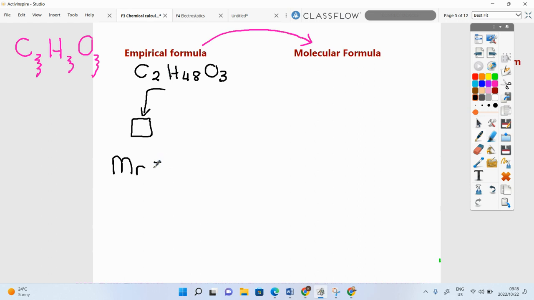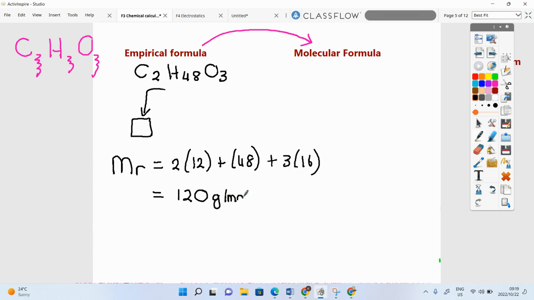So you're going to say, fine, I have 2 carbons, so 2 times 12, plus 48 for the hydrogens, plus 3 times 16. That gives 120 grams per mole.